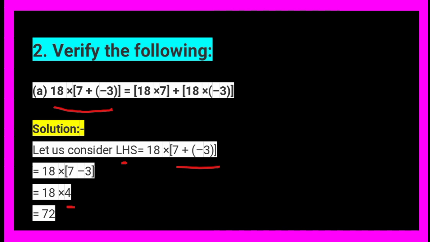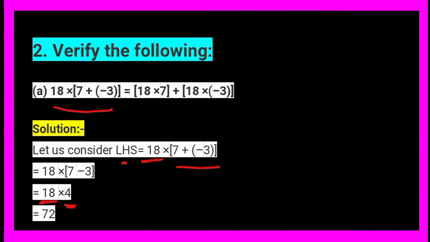Then we have to multiply this 4 with this 18. 18 4s are 72. So we get the answer of the left hand side, 72.